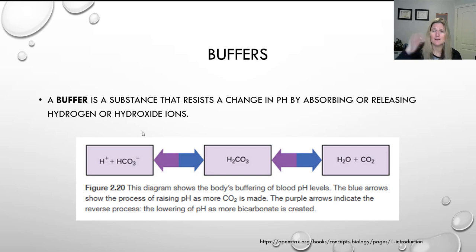And so our pH level will remain in that 7.35 to 7.45 range because of this buffering system we have. When we have too many hydrogen ions, they bond with the bicarbonate, forming this molecule that gets broken down into carbon dioxide that gets exhaled.